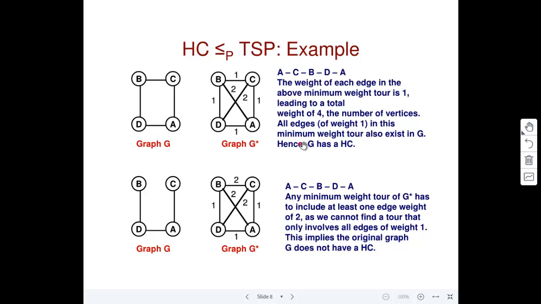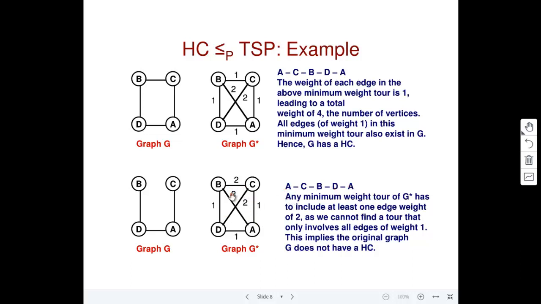What if the sum of the edge weights does not add up to the number of vertices? It will be more than the number of vertices. Like in this case, if you start with a graph that does not have a tour and build a complete graph out of it, whatever you try for this complete graph and run the algorithm, you will not be able to find a tour such that the sum of the edge weights will add up to the number of vertices.